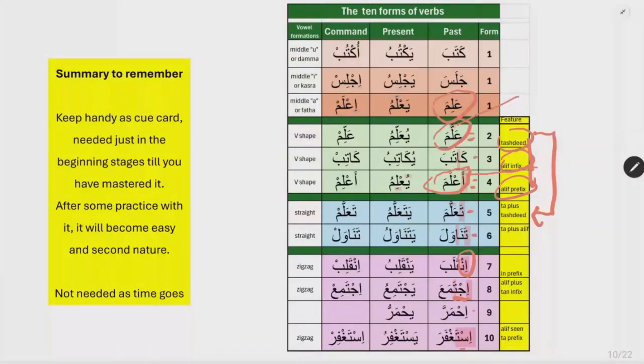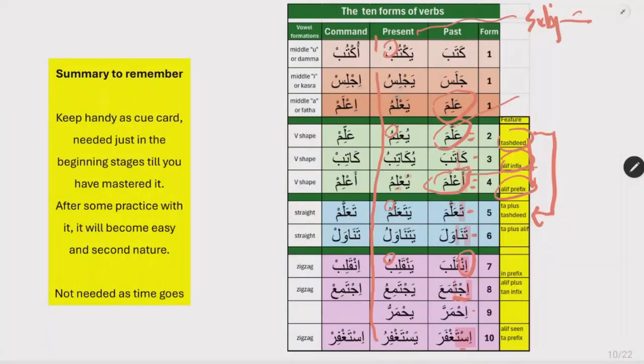So if you can remember this chart, and essentially these three columns as well, because if you look at the present tense, here the feature is always the dhamma. Right? All of them have that common feature of dhammas coming in at the end. If you want to change it to the moods, the subjunctive, all those dhammas become fatha.